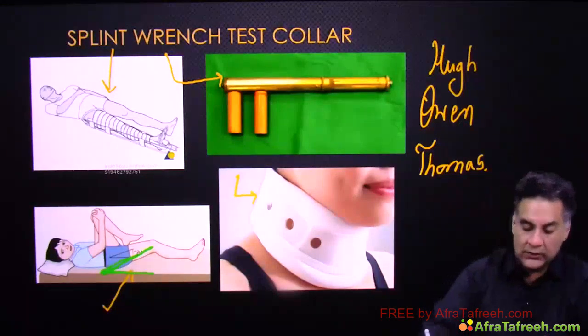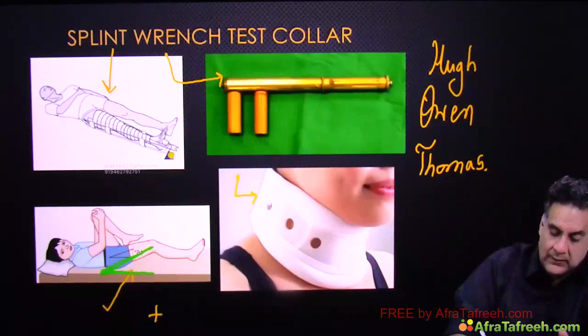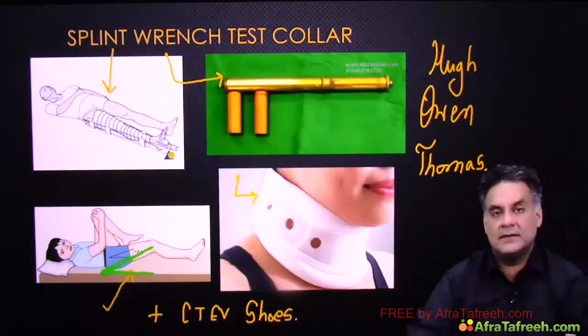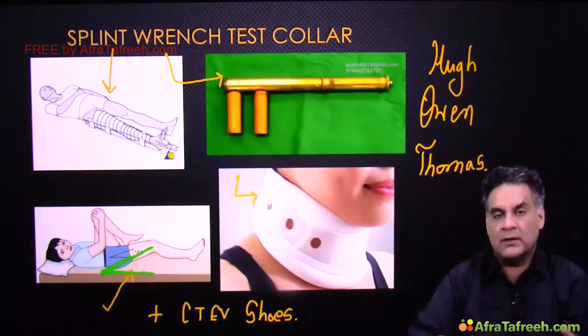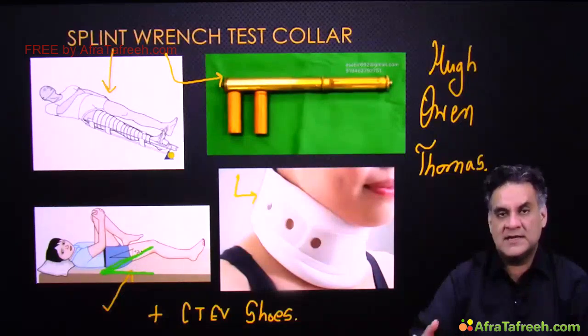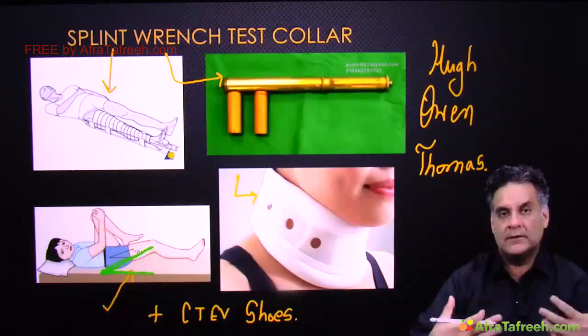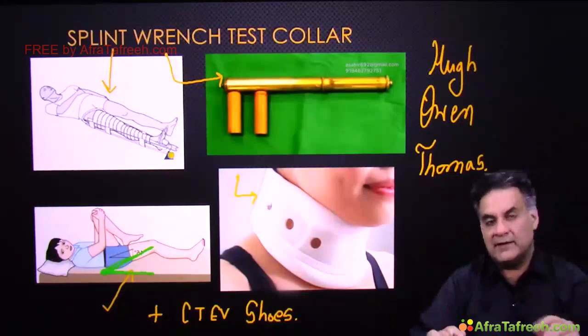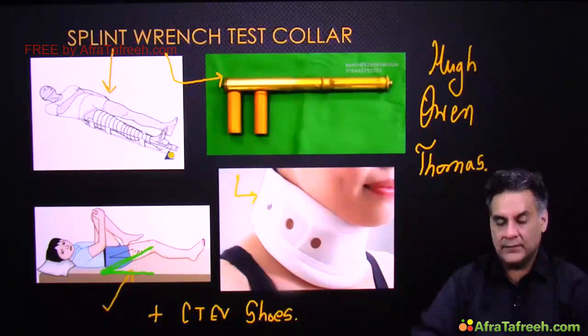Thomas also gave one more thing called CTEV shoes, for congenital talipes equinovarus, CTEV. So he gave 5 things, but if I have to remember one, I will take home Thomas test.